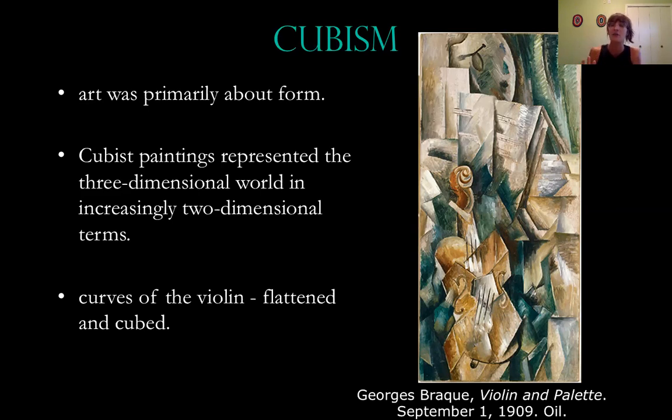These are a lot flatter than reality, right? So here you see Violin and Palette. And this is Braque. If you look to the title, you say, okay, I can find a violin there. Okay, there it is. Here's some sheet music. Here's a palette. You see these real things, but they are, of course, flattened and cubed. So that's where we have Cubism coming from.